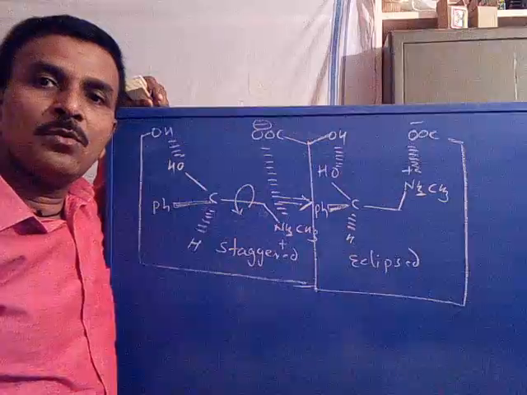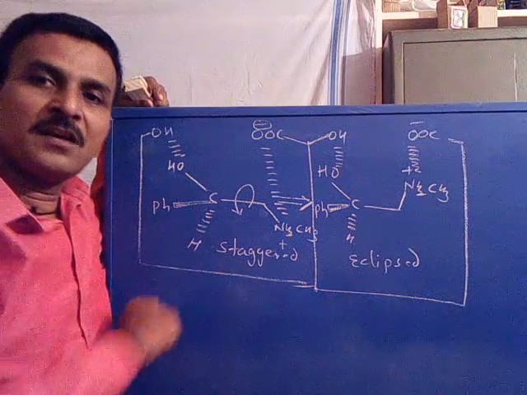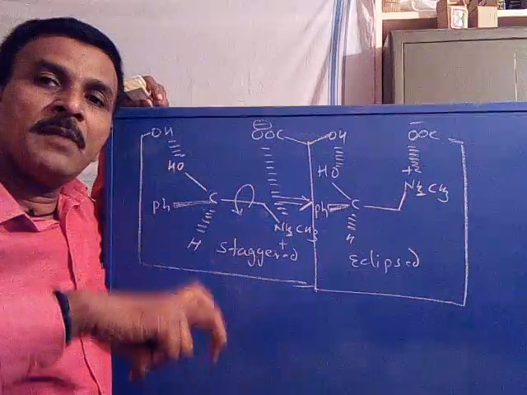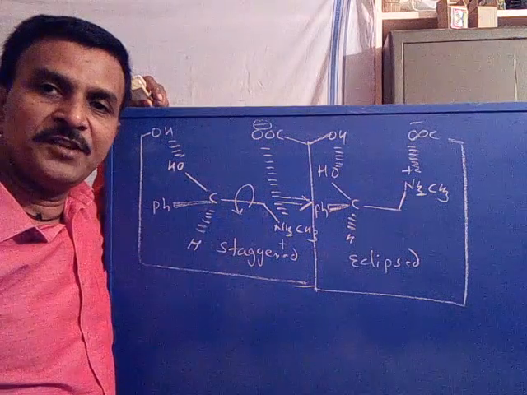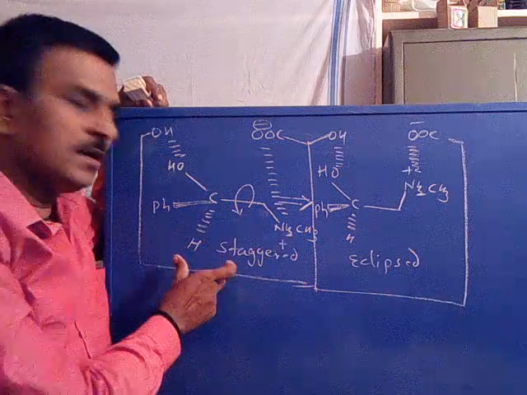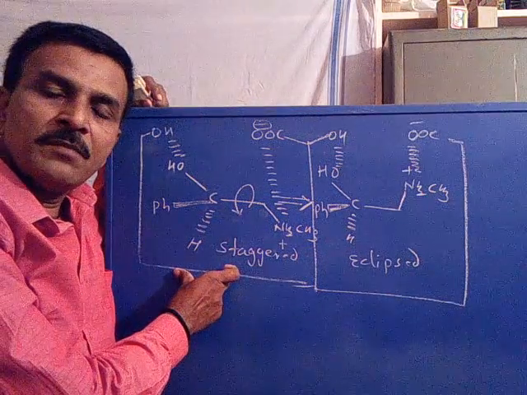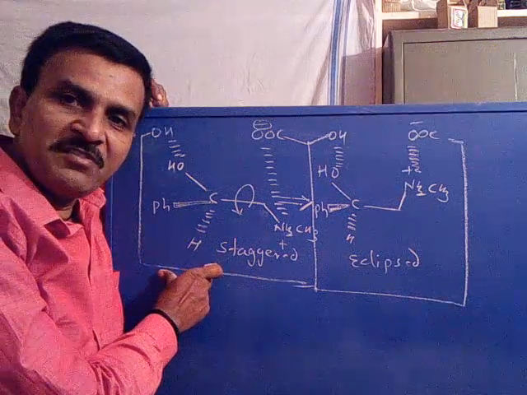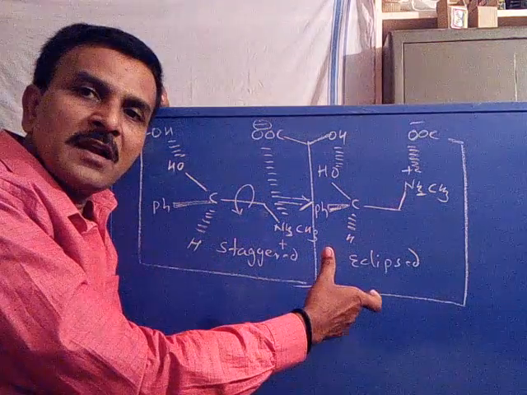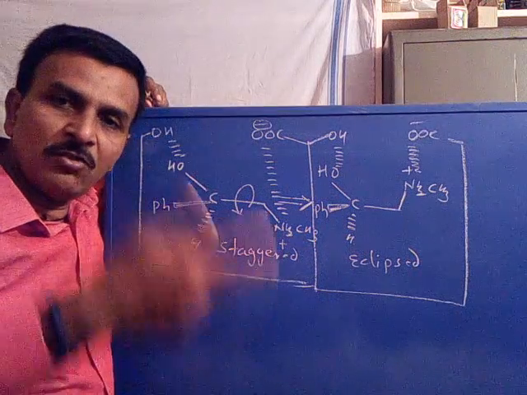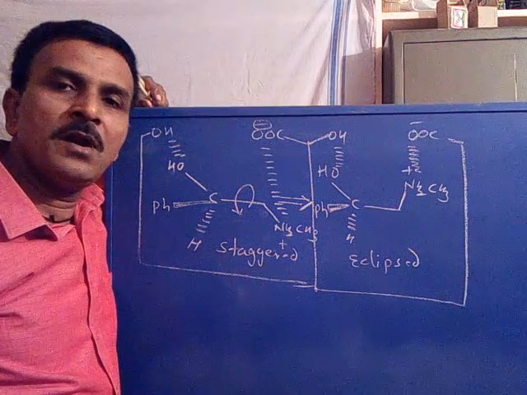So what we have to do is modify the structure in such a way that there may not be a change in the conformation. So we should prevent the conformational change. If we want a staggered conformation, then we should prevent its conformational change, or if we want the eclipsed conformation, we should prevent its C-C single bond rotation.